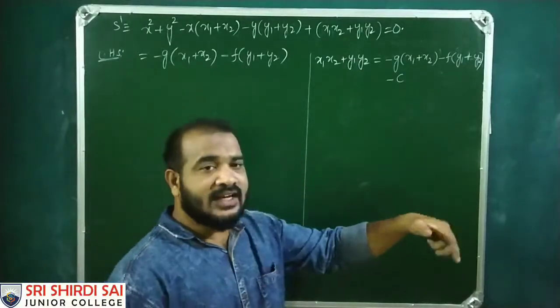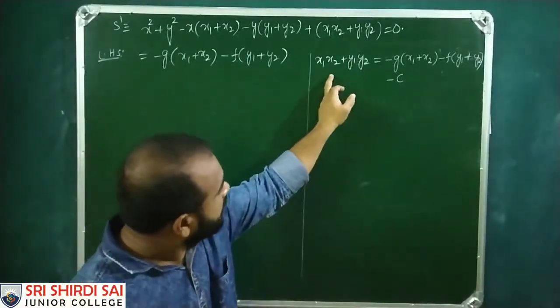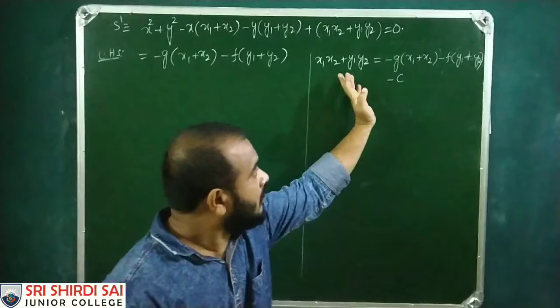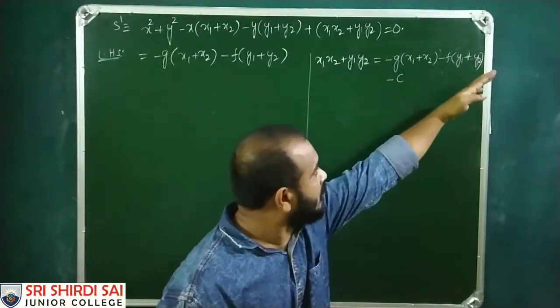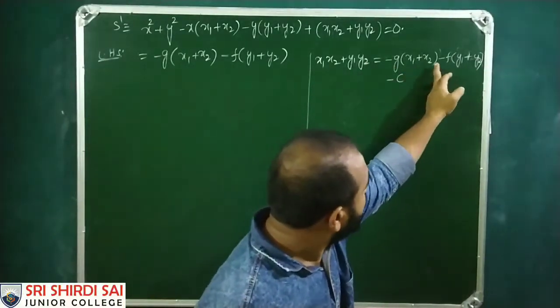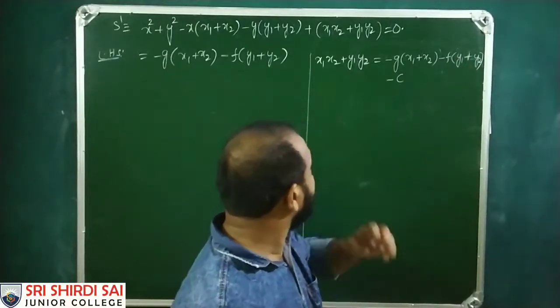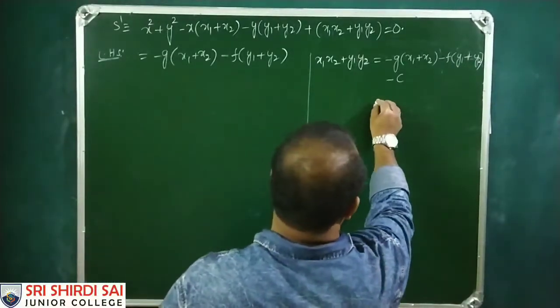Earlier, since S12 equals to 0, x1 x2 plus y1 y2 equals to, taking all the terms on that side, minus g into (x1 plus x2) minus f into (y1 plus y2) minus c. From this, what is the value of c?